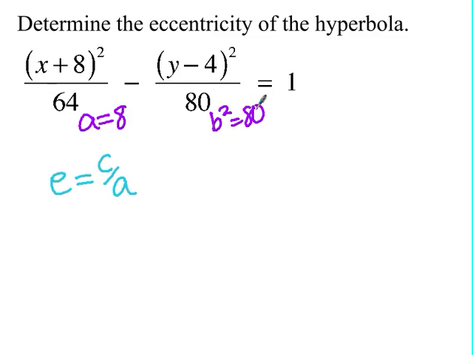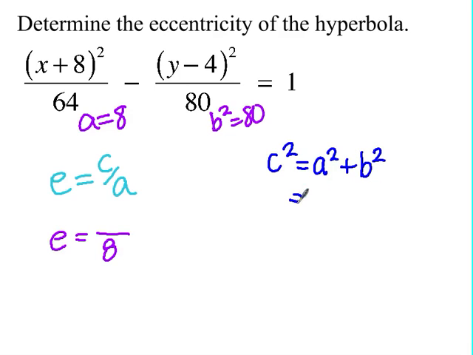So now in my formula, I right now have something over 8. I've just got to find what C is. So let's utilize our big formula. C squared equals A squared plus B squared. So what is A squared? 64. What is B squared? 80. So C squared equals 144.